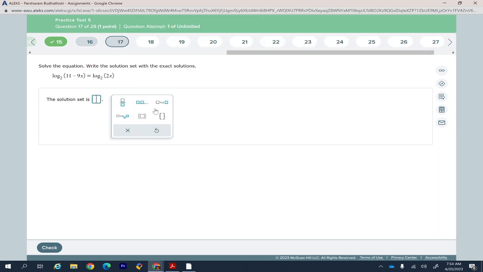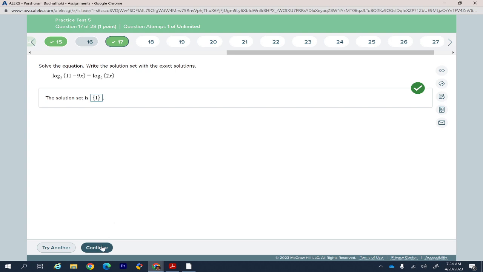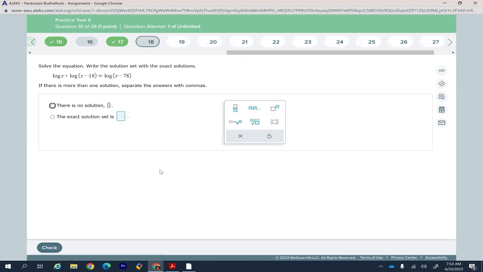So the solution set is x equals 1. Okay, a very same idea. You have to find the domain for each of them, find the intersection, and then use the log property and solve like the previous problem.